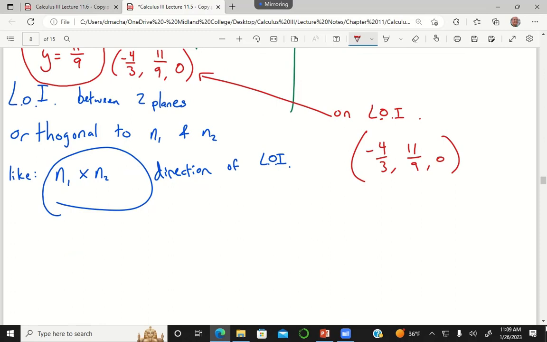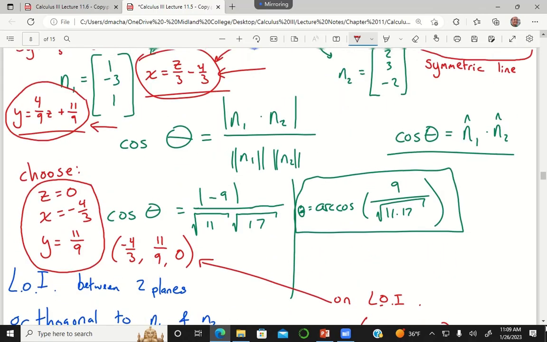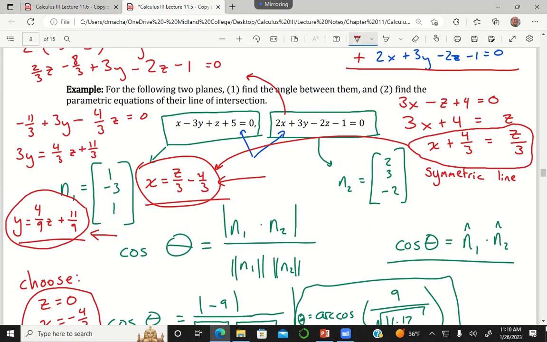Okay, now I know the direction should be this cross product. I actually need to find this cross product if I haven't already. Yeah, I still need to find this cross product. And this is going to be the cross product between 1, negative 3, 1, and 2, 3, negative 2.